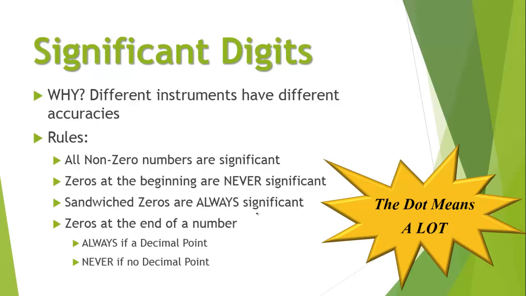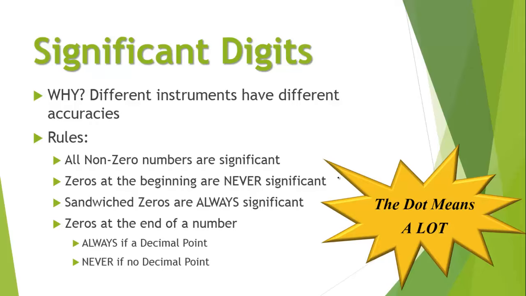So rules for determining significant digits. Basically, all non-zero numbers are going to be significant. So any number 1 through 9 that is in a number will be significant. Zeros at the beginning are never significant.